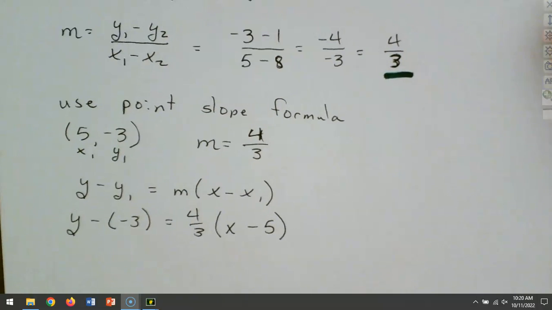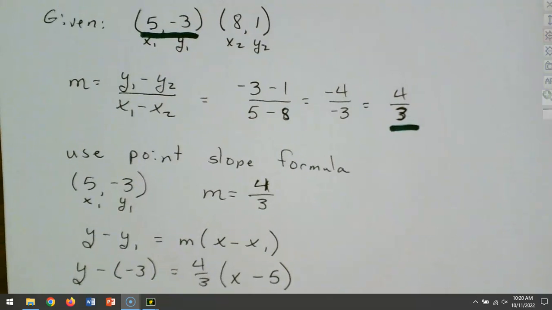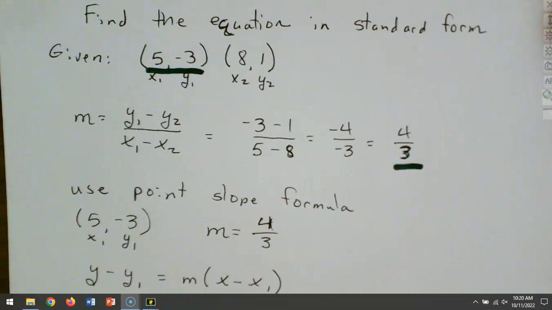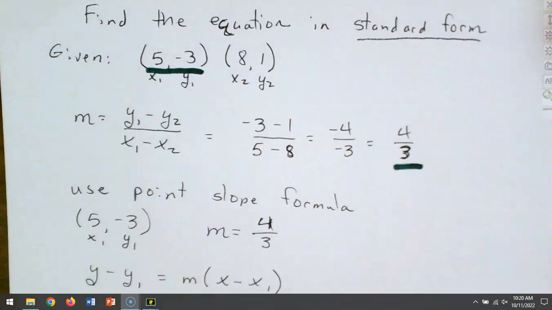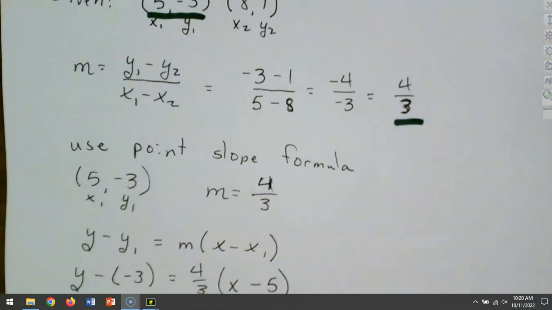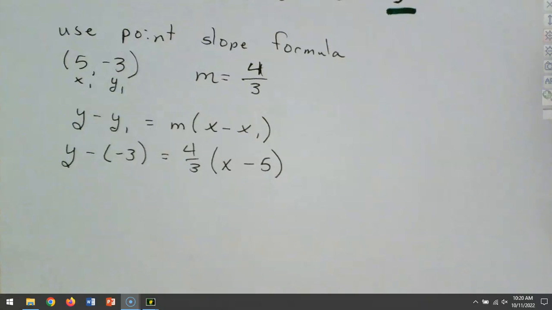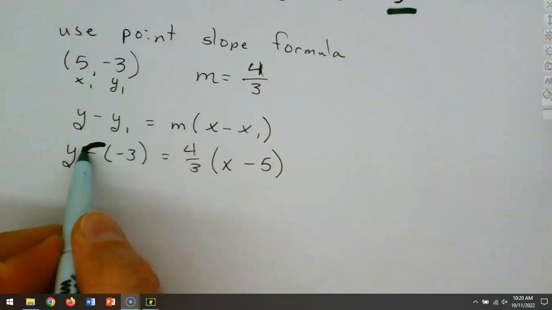Now, what do we want? We want our answer in standard form. So we just used the point slope formula, and we need to get this in standard form. So what do we know about the double negative?